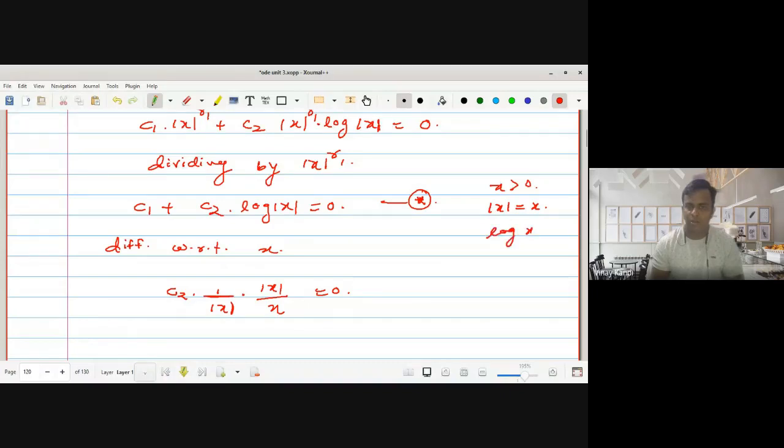Okay, मग log x चा डेरिव्हेटिव्ह काय येईल? 1 upon x and derivative of x is equal to 1. मग हा कंडिशन सॅटिस्फाय होतो का बघा इथे. तर x हा greater than 0 आला तर इथे काय होईल? 1 upon x. mod x काय होईल तुमचा x होईल upon x. x कॅन्सल 1 upon x. ओके. आणि जर x लेस दॅन 0 असेल तर इथे mod x काय होईल, मग -x. ओके. मग हा काय येईल तुमचा log mod x चा, 1 upon x into -x upon x. आला का -1 upon x.